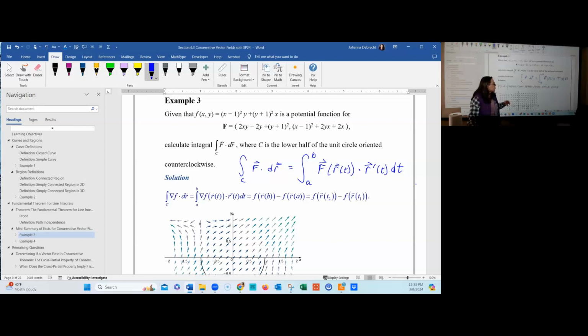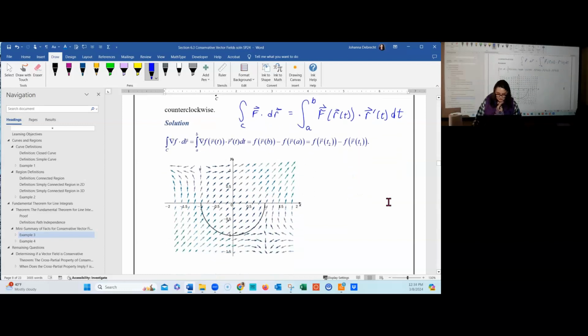What we need to determine is what's the beginning and ending place and what is the parameterization of this curve. We're told it's the lower half of the unit circle, so radius is 1, oriented counterclockwise. So if we look at this vector field and we look at an image of it, if we go counterclockwise, then we're talking about orienting from this direction to this direction.